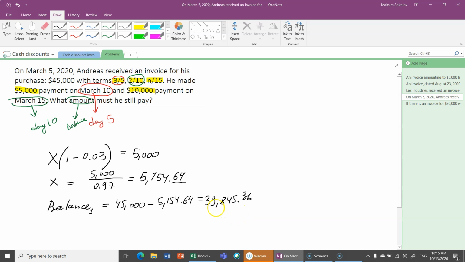So that's the first balance. In other words, that's the remainder to be paid after that first payment of $5,000. But Andres will be paying another partial payment, which is $10,000 here, which means that Andres would be receiving now another credit, and that is subject to a 2% discount.